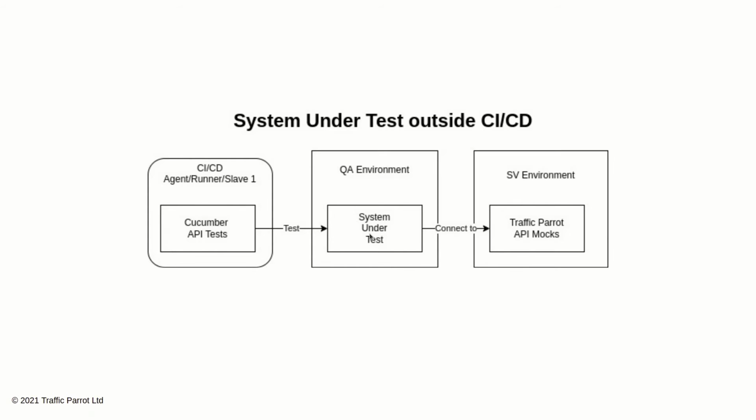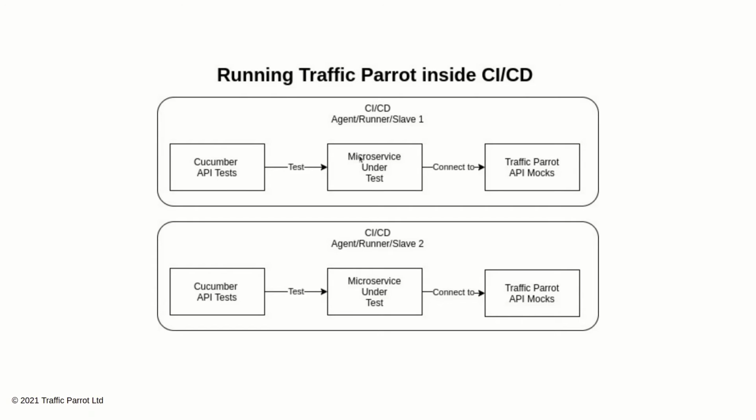So if you are able to run the system under test or microservice under test inside your CI/CD pipeline or build, then since this is totally isolated, you can just run many of these builds in parallel.